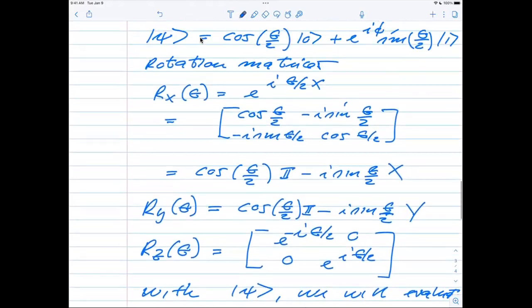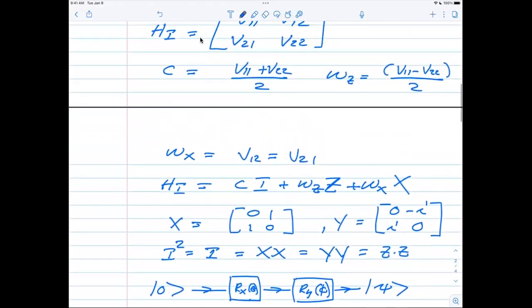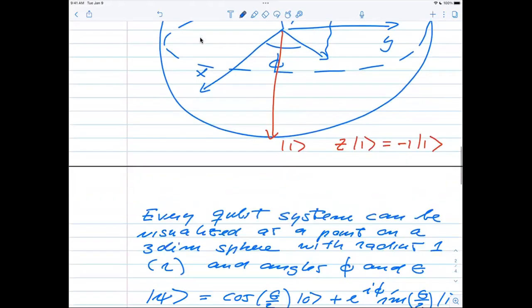So let's now go back and look at the Hamiltonian which we have. The Hamiltonian is rewritten in terms of these Pauli Z and Pauli X matrices and the identity matrix. So we can rewrite this in the following way.